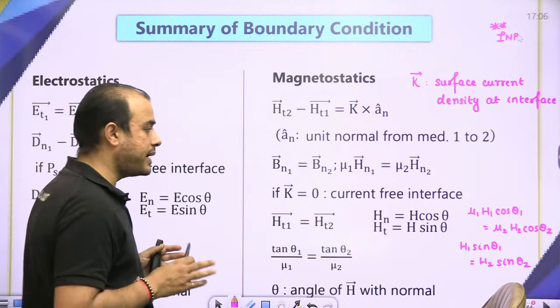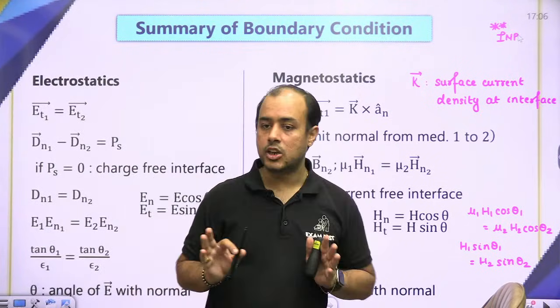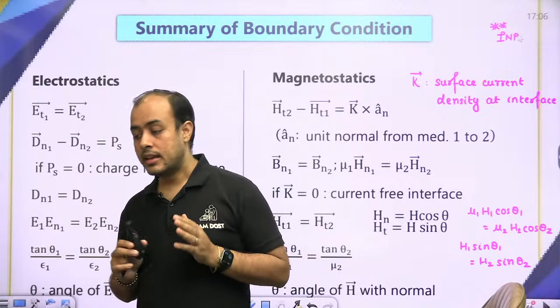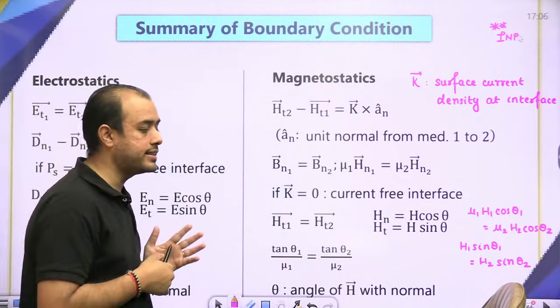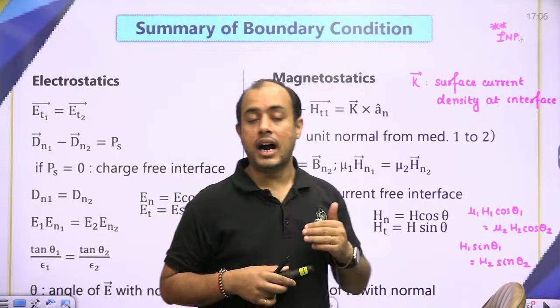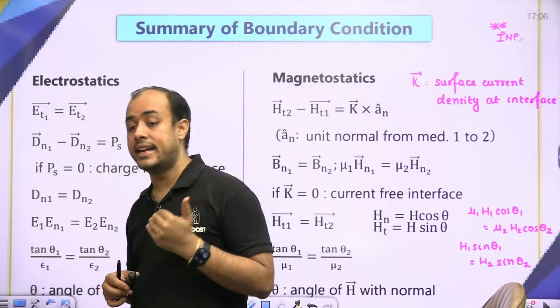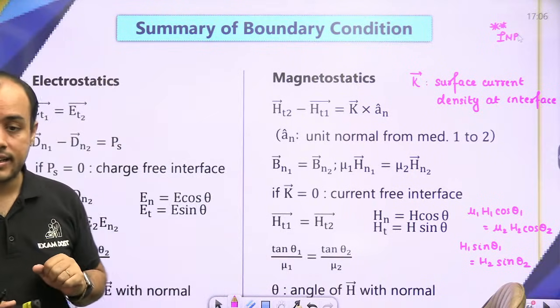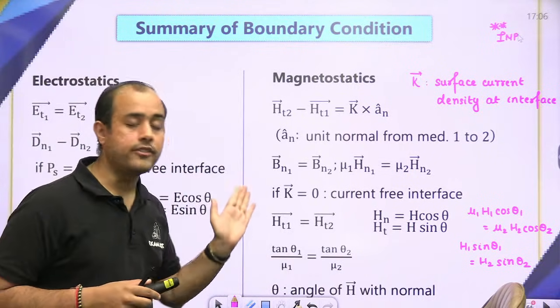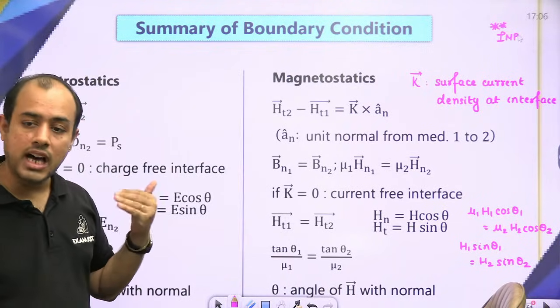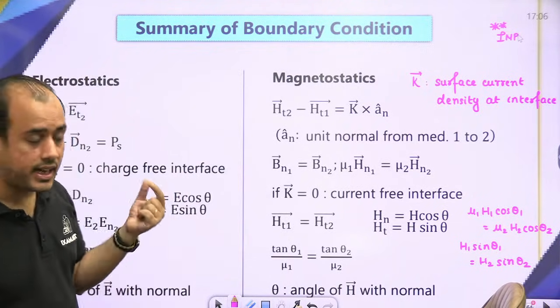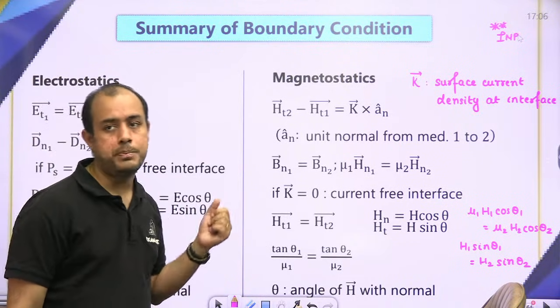नॉर्मल बेटा सबसे पहले देखो नॉर्मल कंपोनेंट कैसे निकालो। पहले जो भी मीडियम दे रखे हैं, मान लो एक मीडियम दिया है z ग्रेटर देन 0 के लिए और एक z लेस देन 0 के लिए। तो अगर आपका मीडियम 1 है z लेस देन 0 और मीडियम 2 है z ग्रेटर देन 0, तो while going from 1 to 2 z is increasing, so normal will be az. So now you take the dot product with the an cap, that will give you bn.